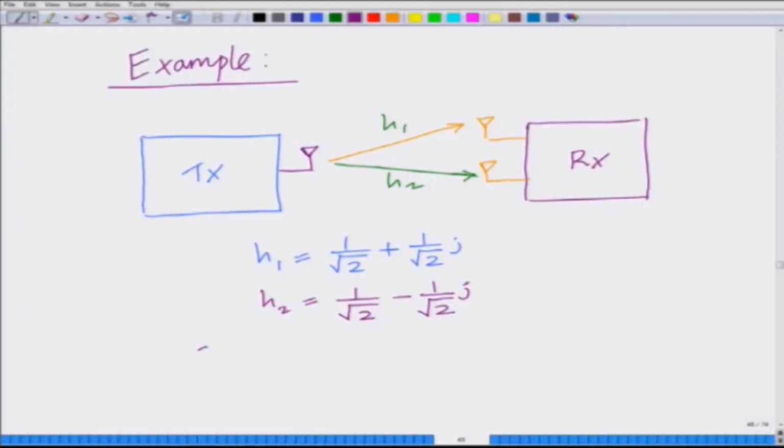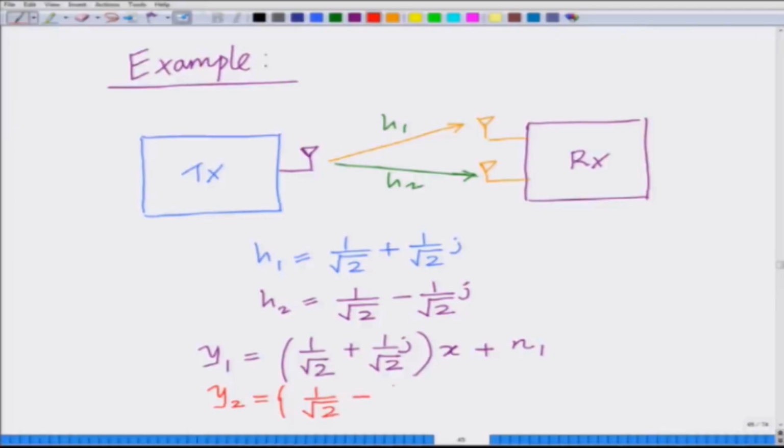Therefore, we have y1 equals h1 x, that is 1 by square root of 2 plus 1 by square root of 2 j times x plus n1, and y2 equals 1 by square root of 2 minus 1 by square root of 2 j times x plus n2.